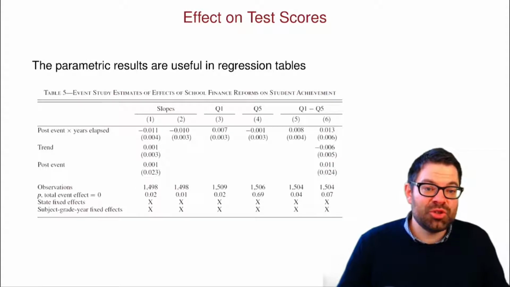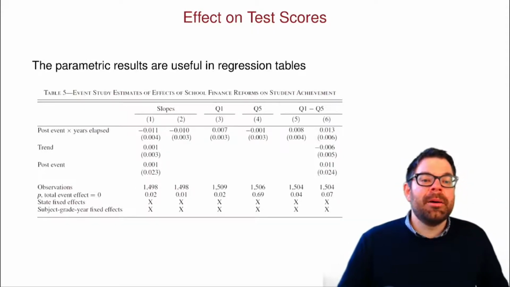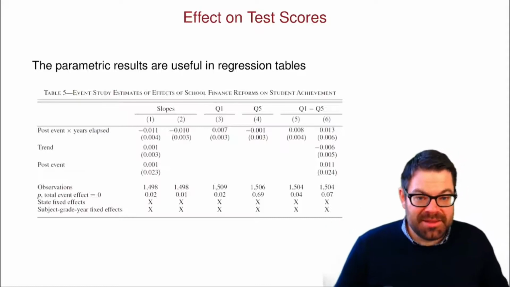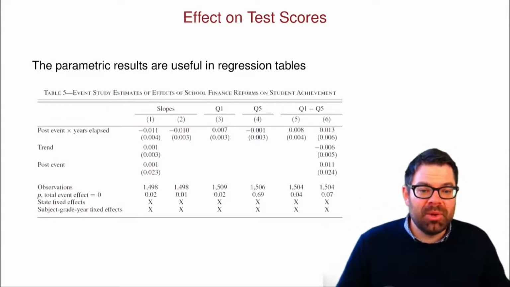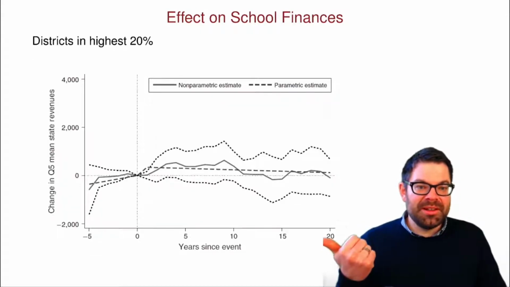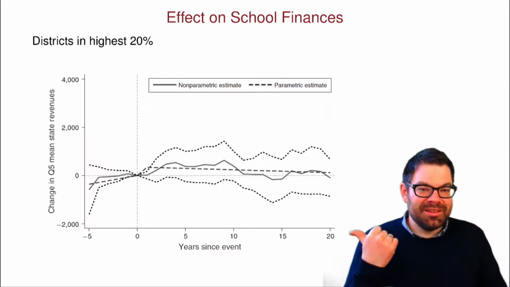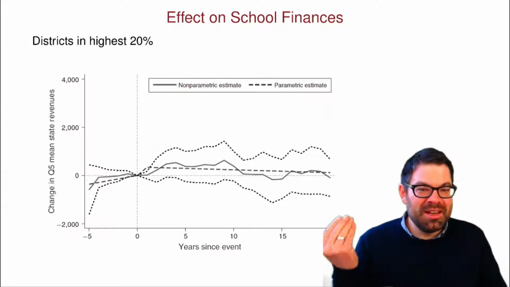Okay? And then they show that it also has an effect on actual test scores. I'm not showing these here, but that's what they also show. Okay? So one thing that's important here, also what I like in this paper, is they show their results graphically, and then they show their results in tables. Now the results from those flexible models, showing them in tables is really a waste of space.